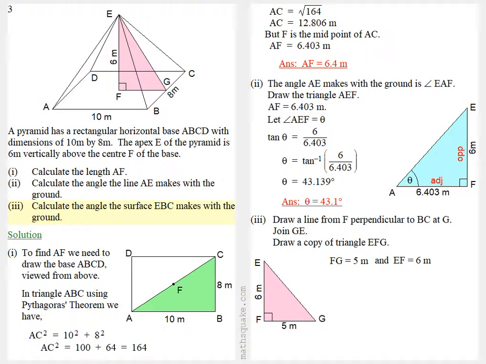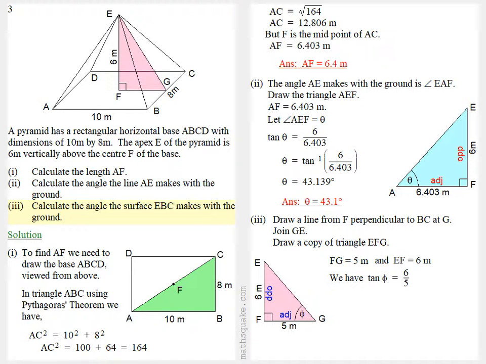We see that it's a right angle triangle. We're trying to find the angle EGF, let's call that phi. EF is the opposite side from phi, and FG is the adjacent side from phi. Now we know the opposite over the adjacent is the tangent of the angle.